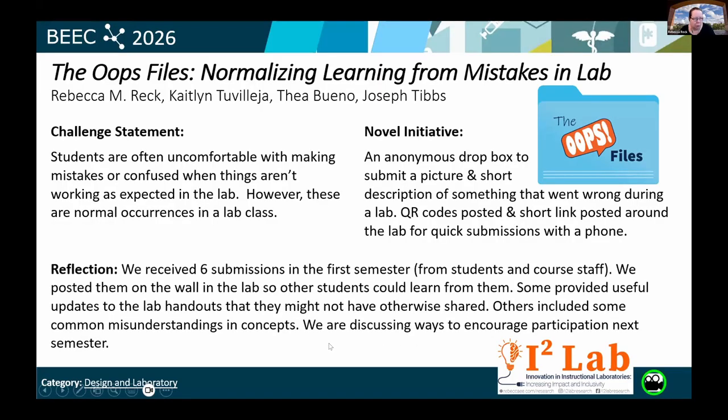We didn't get a lot of submissions, but we got about 6 in the first semester. And it wasn't just from students. The course staff held themselves to the same thing, and so we had some there. We posted them on the wall to encourage students to learn from those and lower the barrier to submitting.